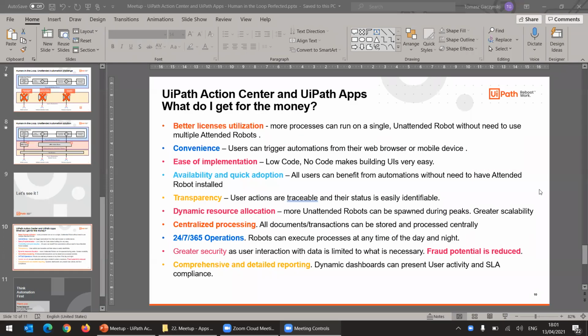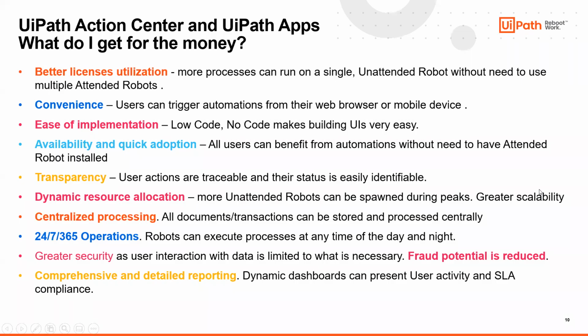So everything that I spoke about and Juveria explained is simply to make your automations more reliable, easier to access, and simply more functional, especially if you're operating in big organizations. UiPath Action Center is available at this moment both on-premise and on the cloud.